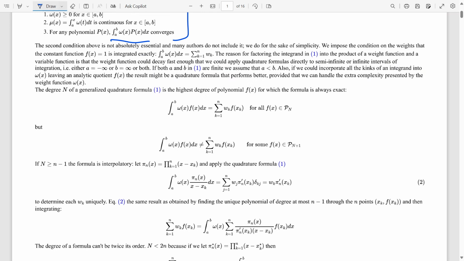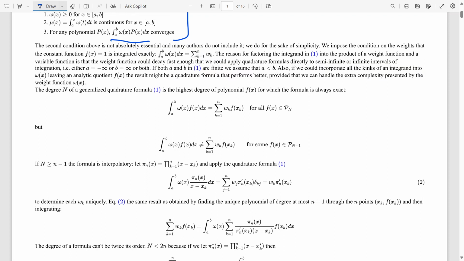It may also be possible to factor an integrand into a weight function times an analytic function and develop a Gaussian quadrature formula with the non-analytic weight function, getting a more accurate approximation for the effect of the analytic function.